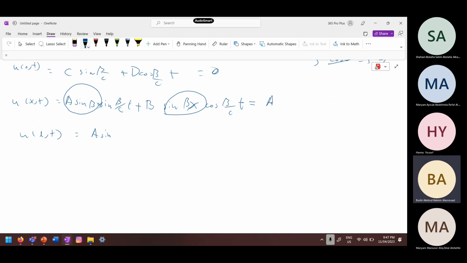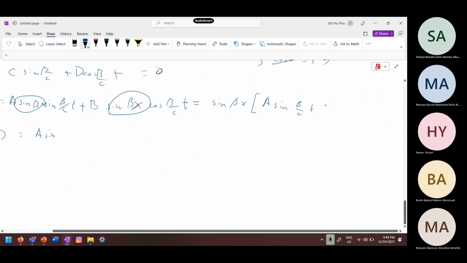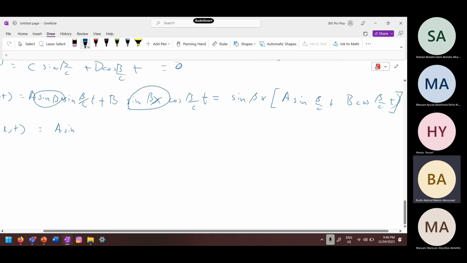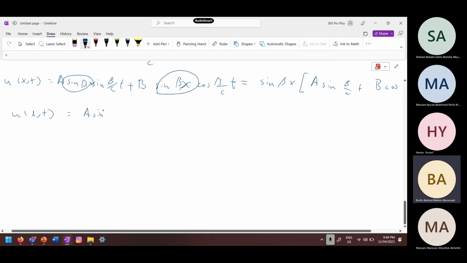So no, there's no a here. Sine beta x, common factor. With a bracket, there's a sine beta over c t, plus b cosine beta over c t. Okay, this is the new u.